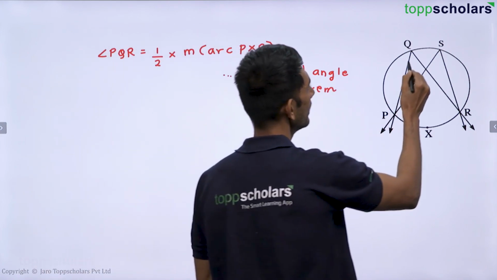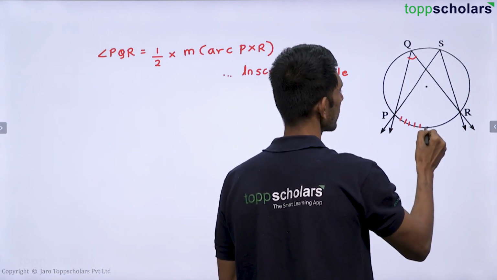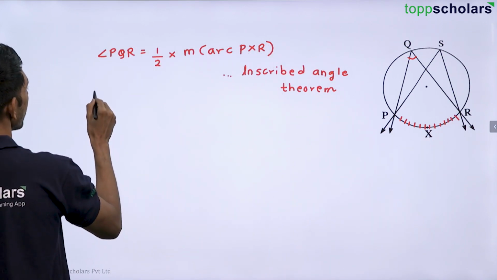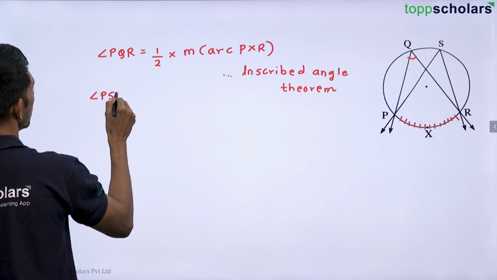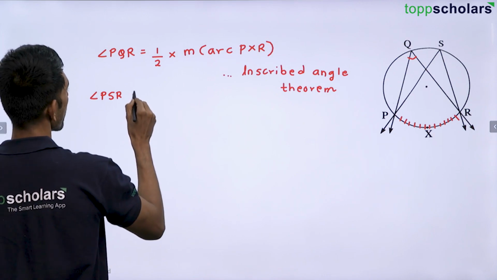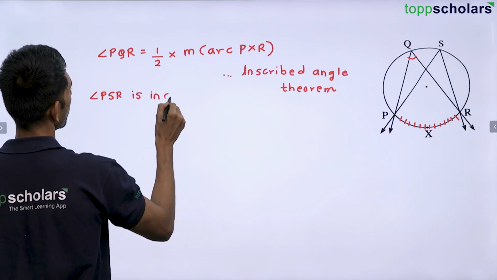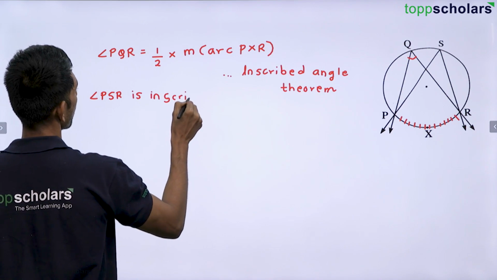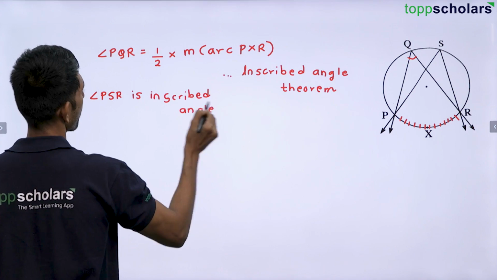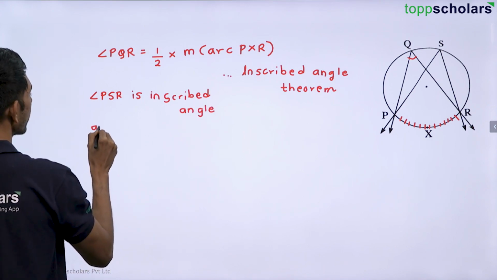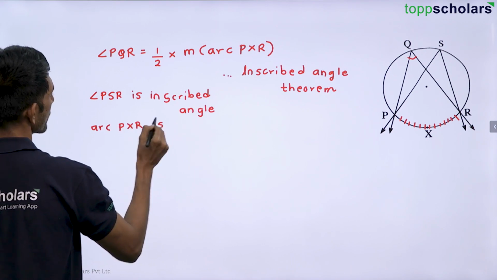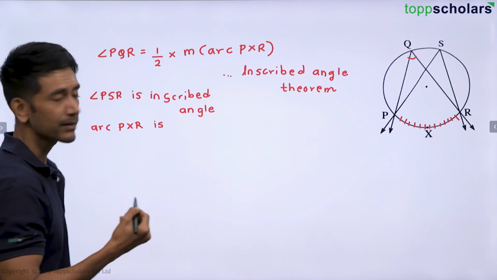So this angle is half of this arc. Similarly, can I say angle PSR is inscribed angle? And arc PXR is intercepted arc.